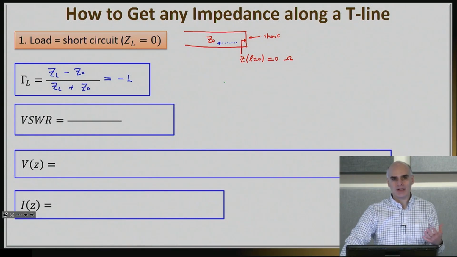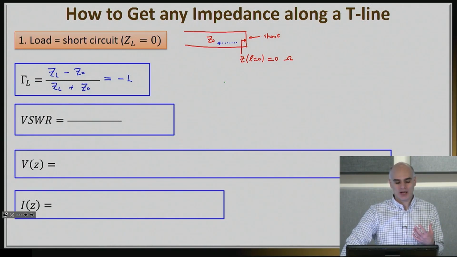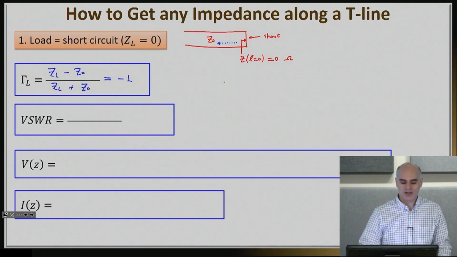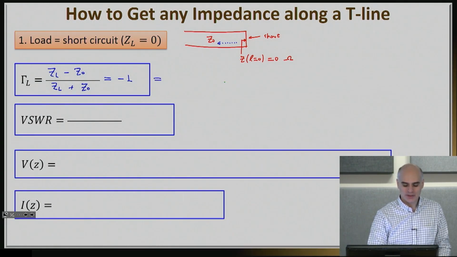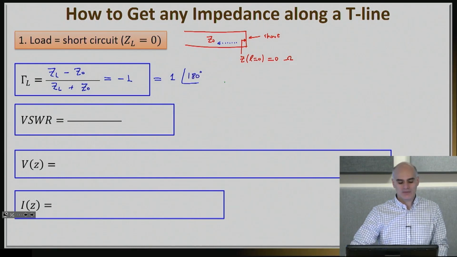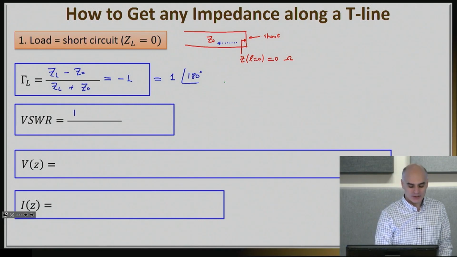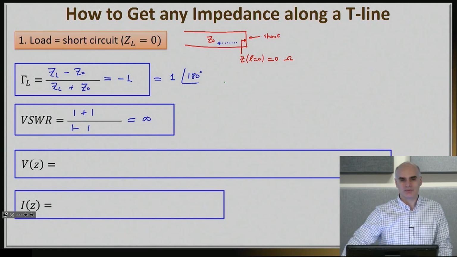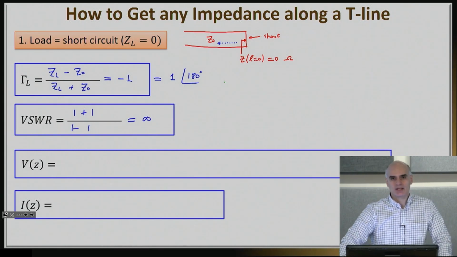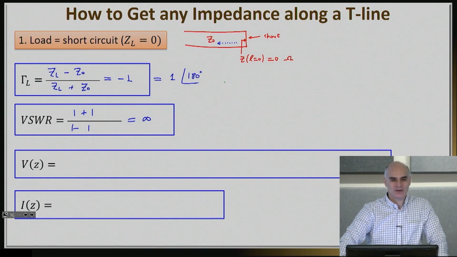So the first thing you should remember is that a short circuit comes with a reflection coefficient of -1, or expressed differently, a magnitude of 1 and a phase of 180 degrees. Now, VSWR, which is 1 plus magnitude of gamma L over 1 minus magnitude of gamma L, is going to be equal to infinity. That's the extreme case of the short circuit.